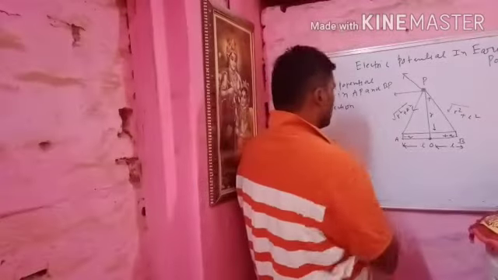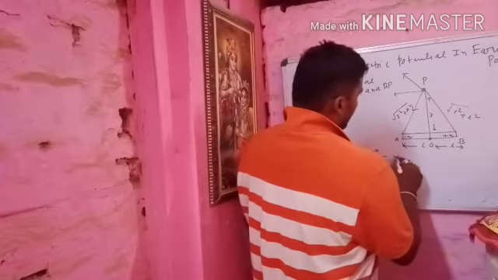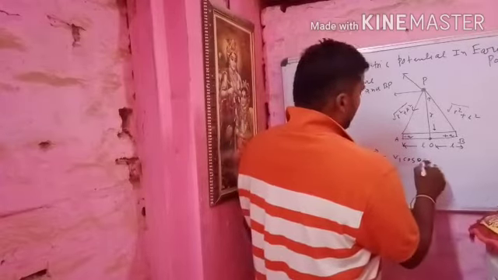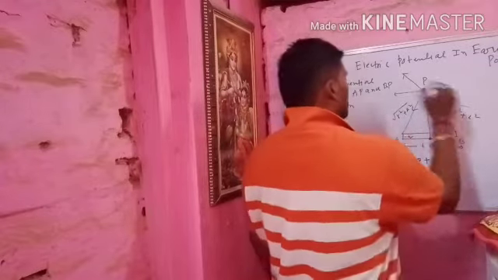Therefore, the total potential at P is equal to V1 cos theta plus V2 cos theta.